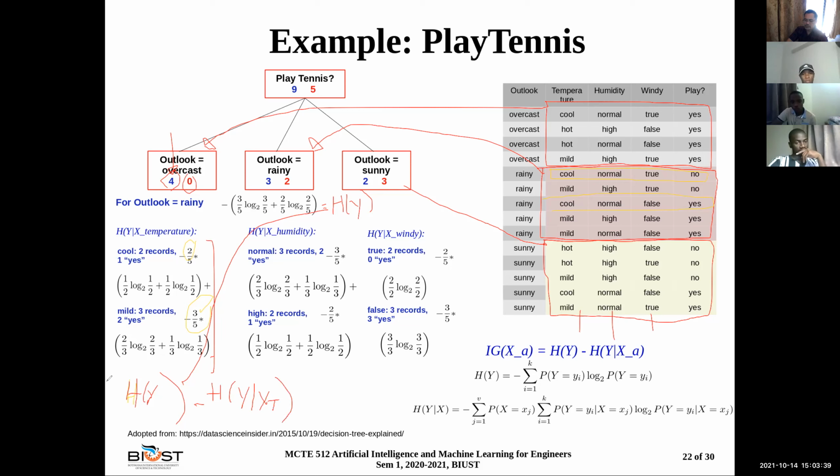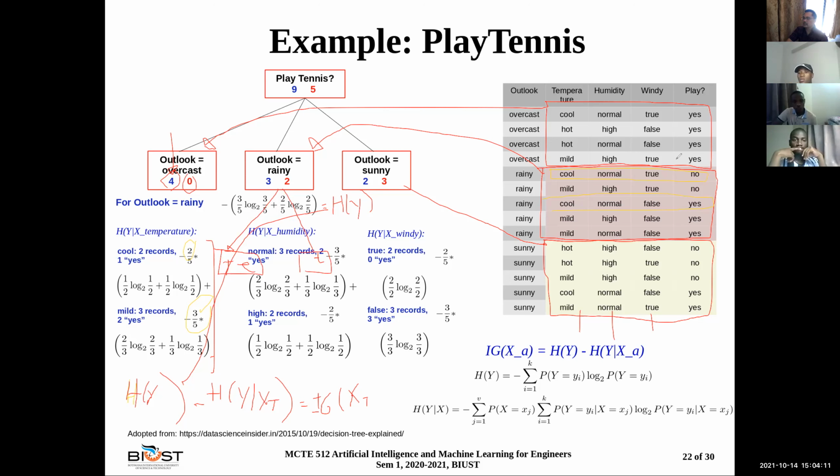Okay, so you'll see the information gain here for X of temperature. So this is the case for the rainy. You solve everything here and see which one has the highest information gain. And if, for example, the highest information gain here is temperature, so the next part will be temperature.